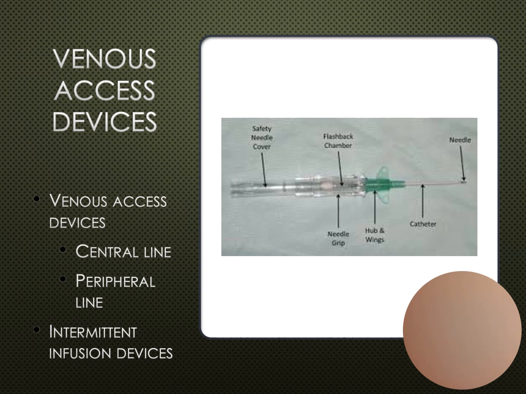So the subcutaneous infusion ports. Once again, these are used in clients that have limited vascular access, especially our hospice or palliative clients. They may have mild or moderate dehydration, and they may need continuous opioid administration or immune globulin.